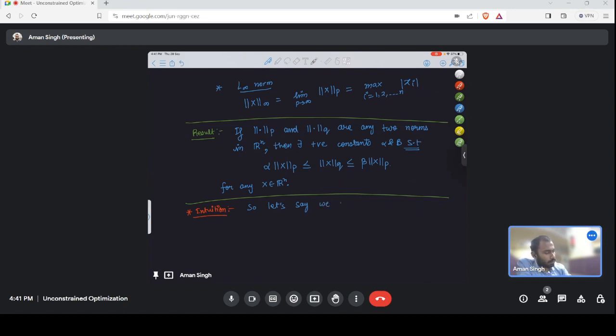That is, the p norm of xk minus x star, where x star is the optimal value, our solution, and xk is where we are currently, should be less than or equal to some threshold.